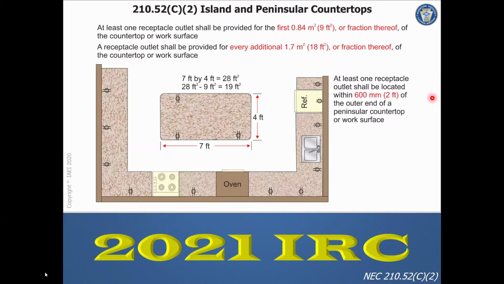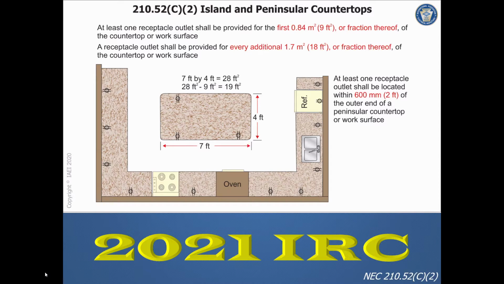And here's the change I was talking about when you get to the next edition of the code. Code Making Panel 2, who's responsible for Article 210 in the National Electrical Code, they got quite a few public inputs, and they even discussed it amongst themselves.